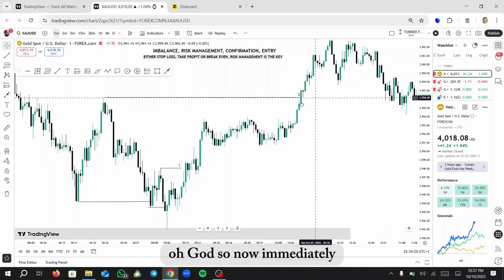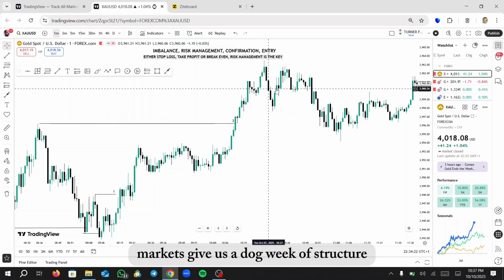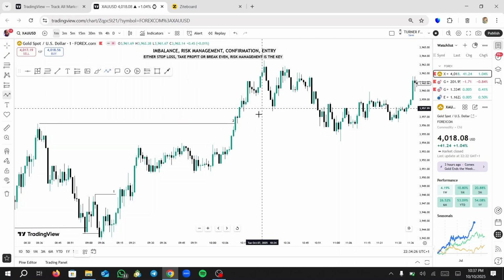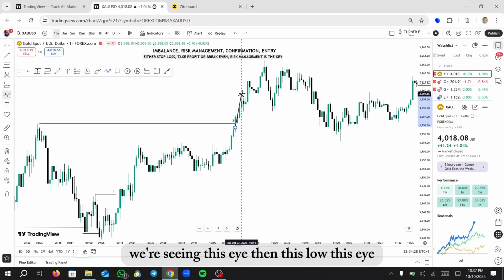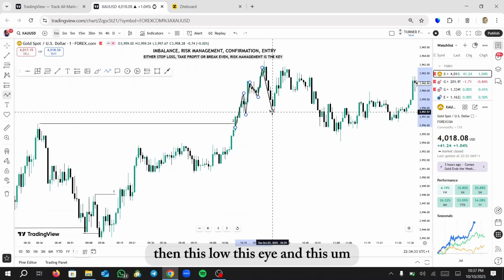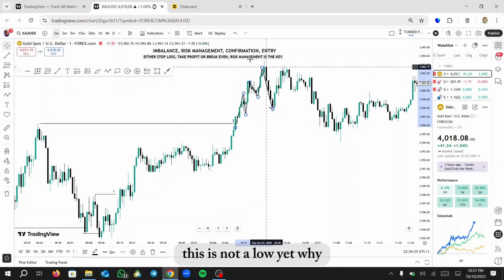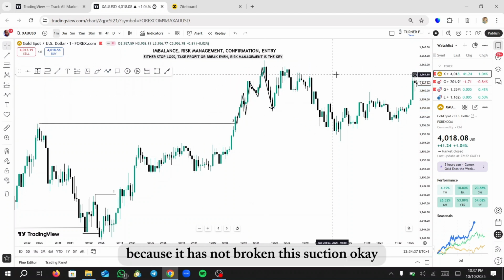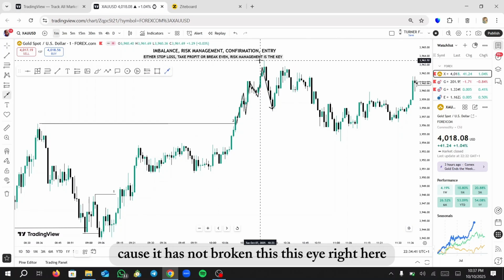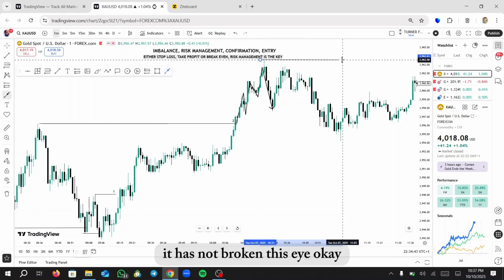So now immediately the market gave us a double break of structure. What happened after that? We are seeing this high, then this low, this high, then this low, this high, and this is not a low yet. Why? Because it has not broken this structure, because it has not broken this high right here.